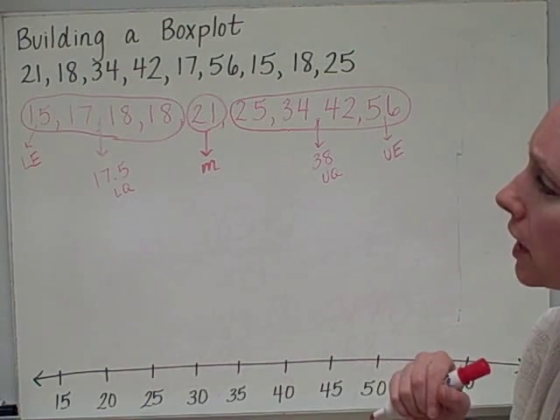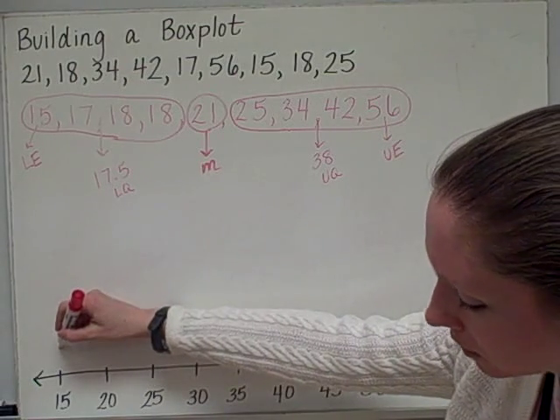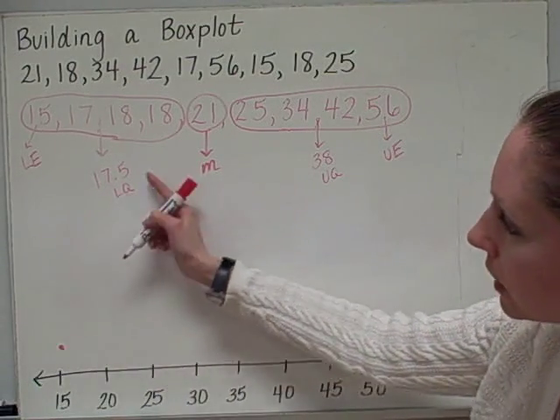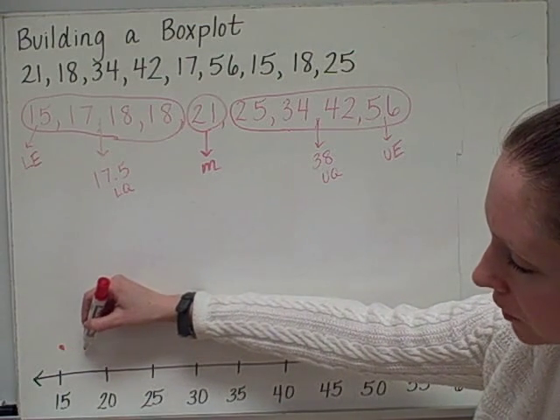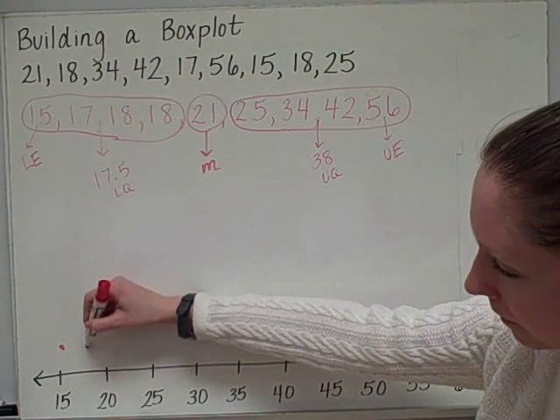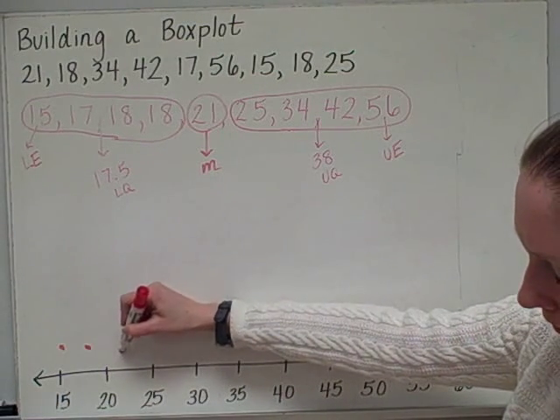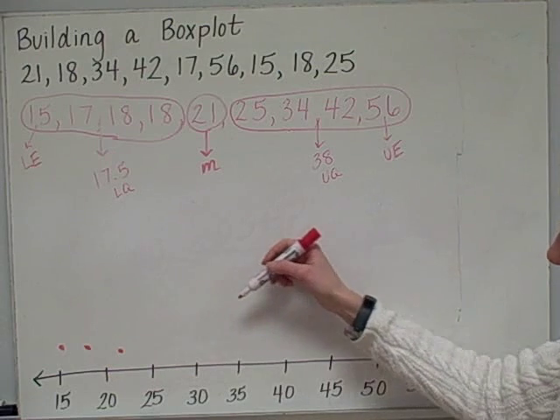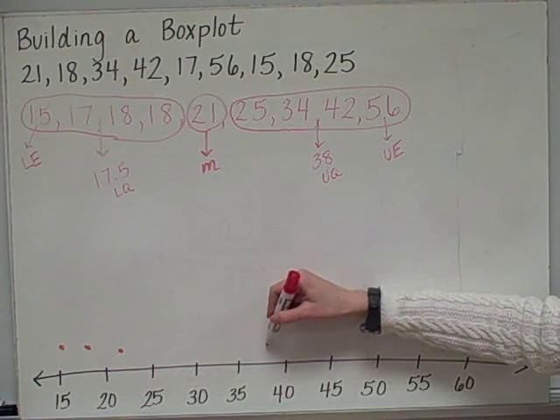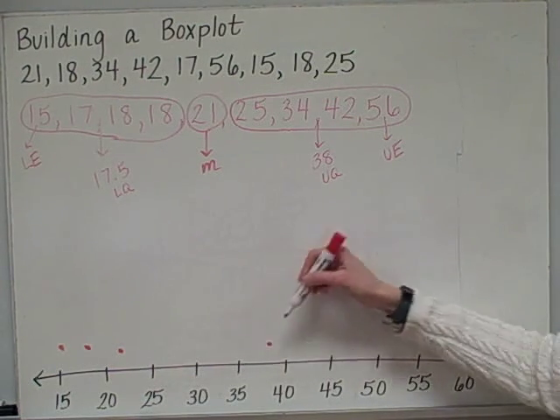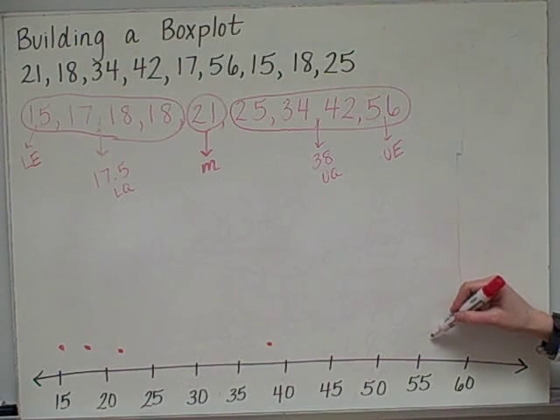So let's put our dots now. 15, lower extreme. 17.5, I'm going to have to estimate a little bit, about right here. 21 for our median. 38, upper quartile, about right here. And upper extreme 56.